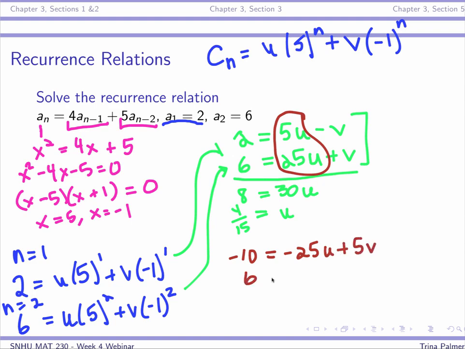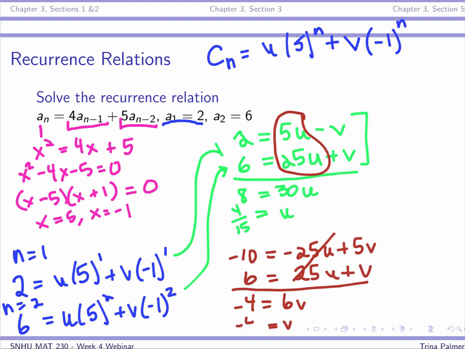And if I add that to the second equation, my u's now cancel, and I'm left with negative 4 equals 6v. And so I get v equals negative 4/6, or negative 2/3.